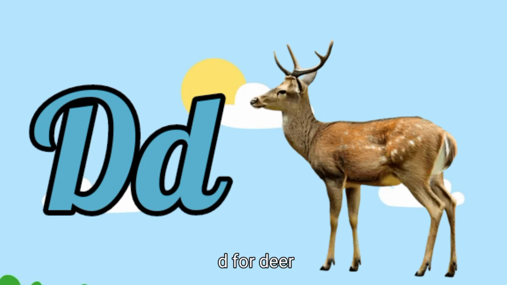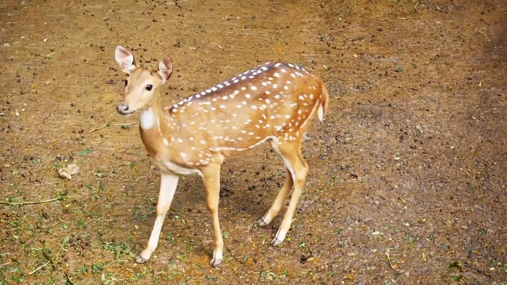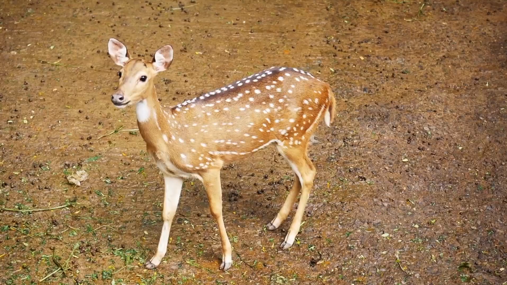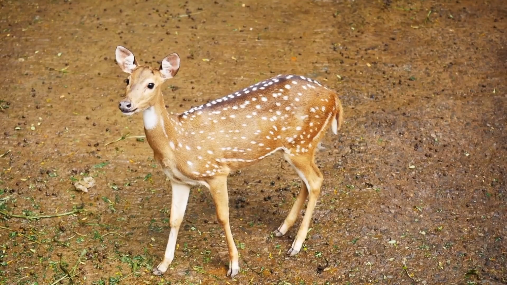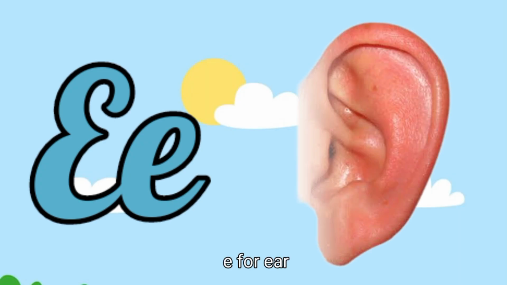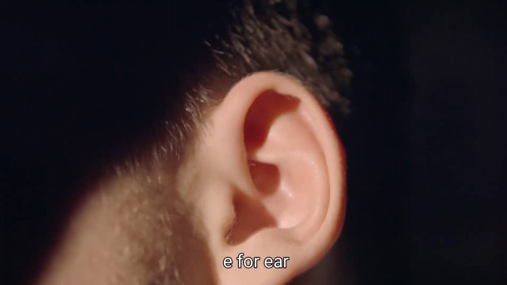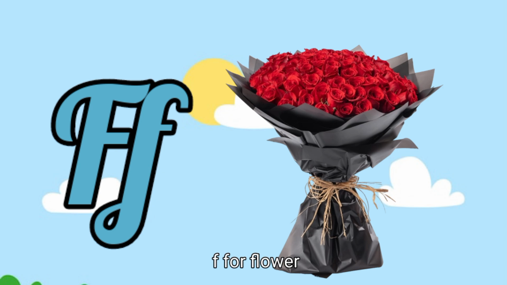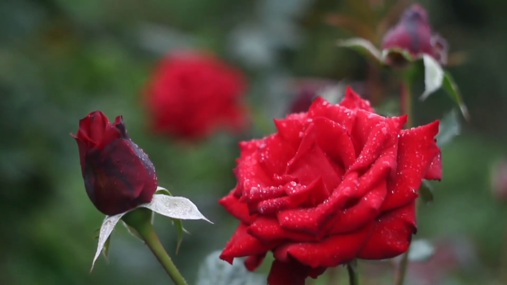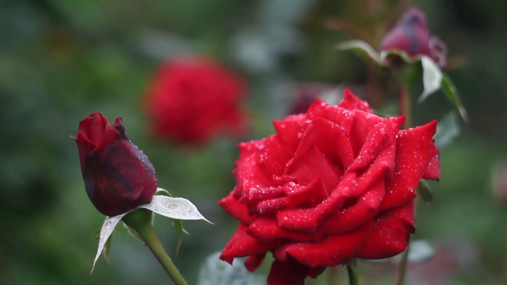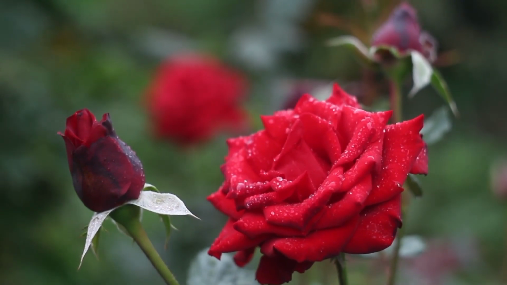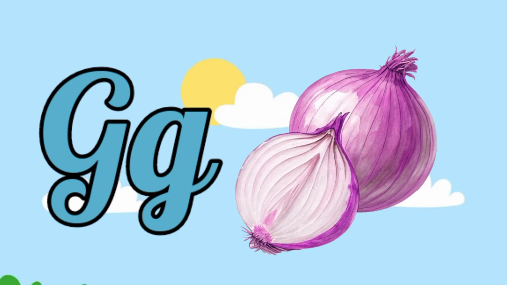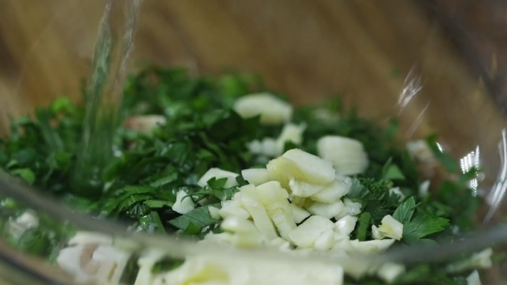D for deer. E for ear. F for flower. G for garlic.